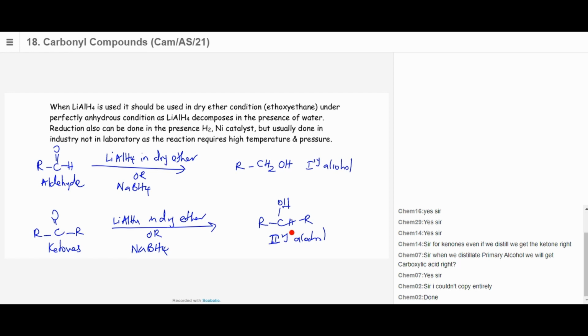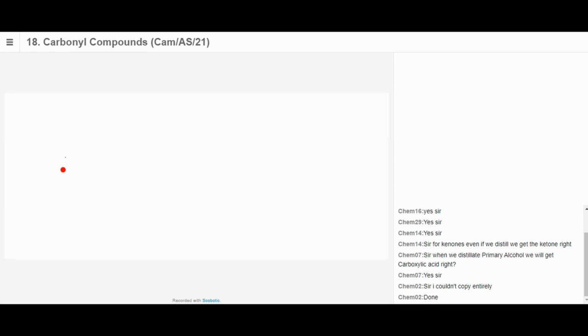Now, why can't we use hydrogen for reduction? We know alkenes were reduced by hydrogen, right? So why can't we use such a reducing agent where hydrogen is also a reducing agent? The reason is this. If you analyze how the reduction occurs with both lithium aluminium hydride and sodium borohydride, lithium aluminium hydride contains the aluminium hydride ion, and sodium borohydride contains the borohydride ion.